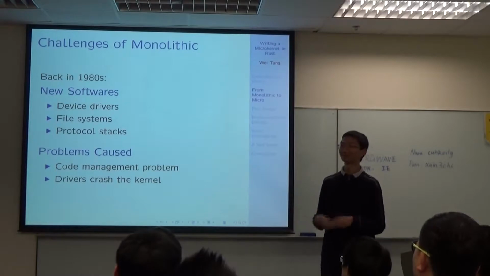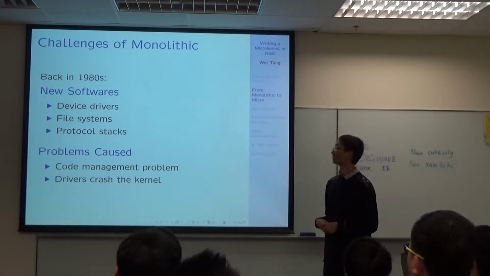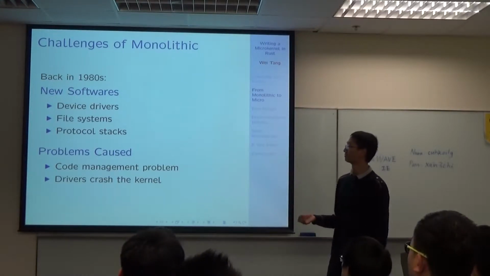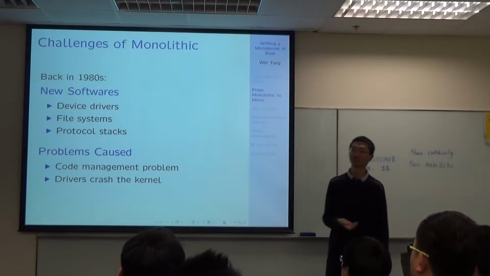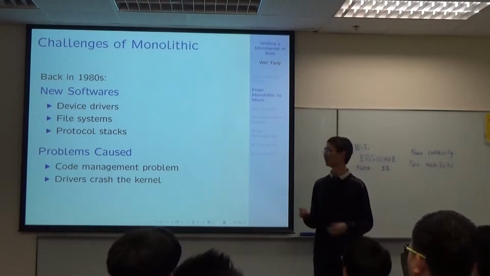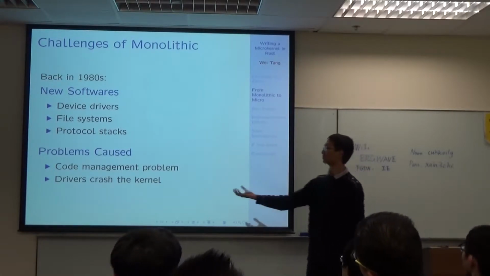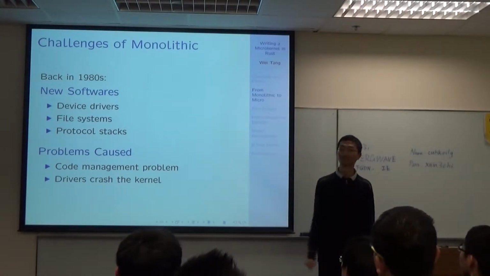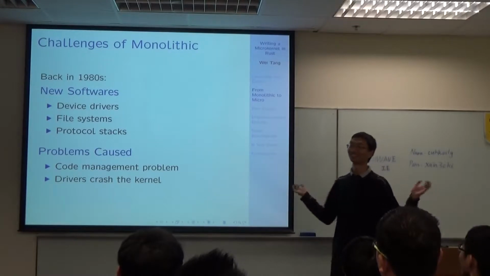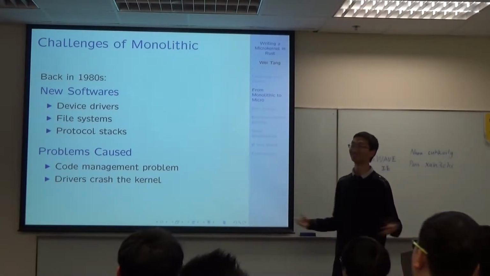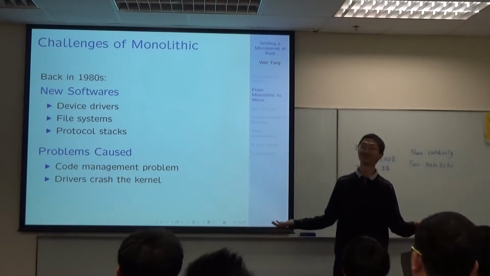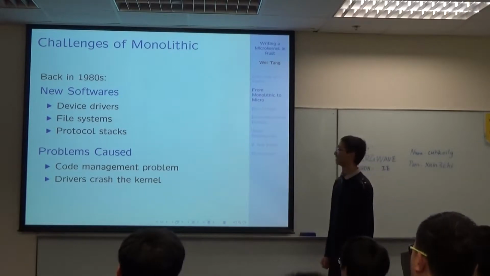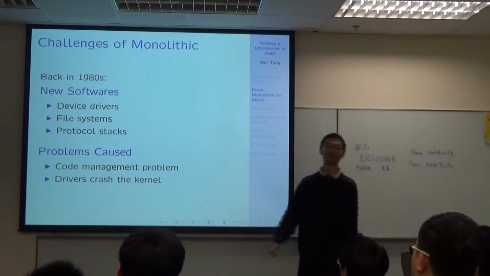But at that time, there were also a lot of device drivers, file systems, and protocol stacks being developed. As a result, it creates a lot of code management problems, because all those things are put into the kernel in kernel mode, so they can do whatever they want. And if they crash, basically the kernel crashes. Drivers will crash the kernel.